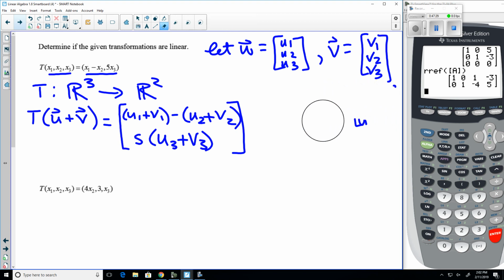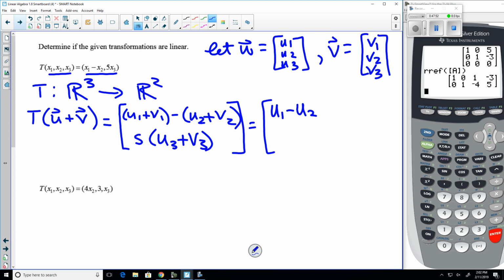Need to make some room here. I don't have enough room in this thing, so I'll have to make some room. So let's just simplify a little bit. So let's say this is u1 minus u2 plus v1 minus v2.